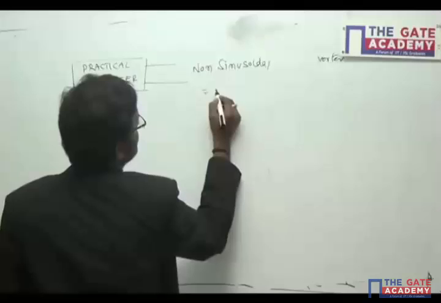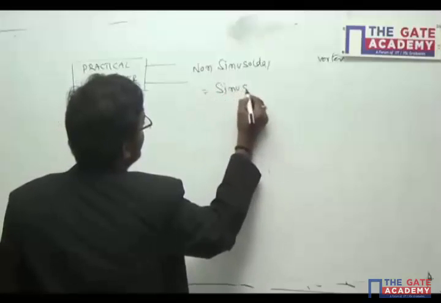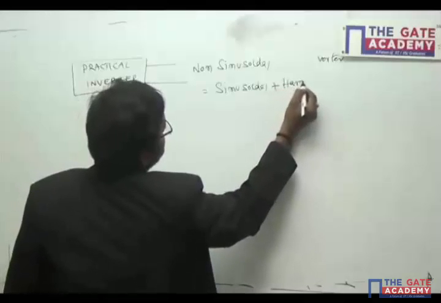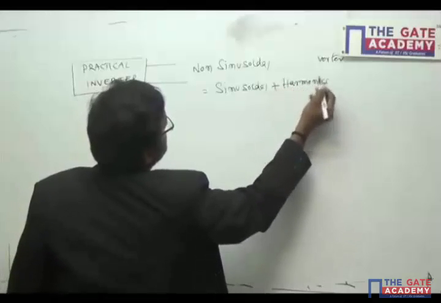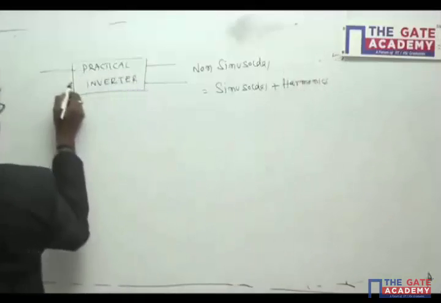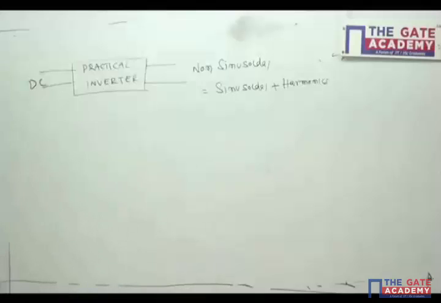That means sinusoidal plus harmonics. These harmonics are making it non-sinusoidal. This is a DC, this is an output non-sinusoidal.